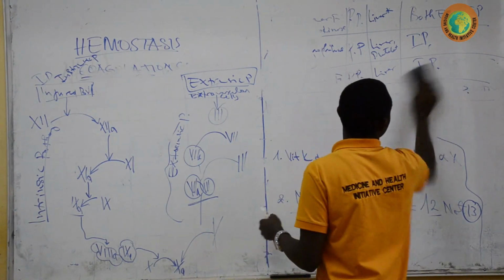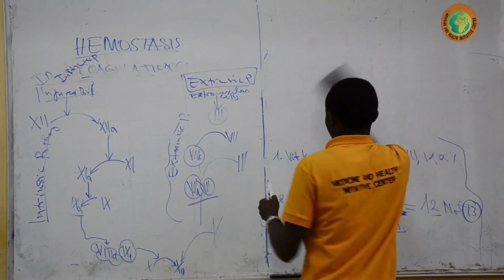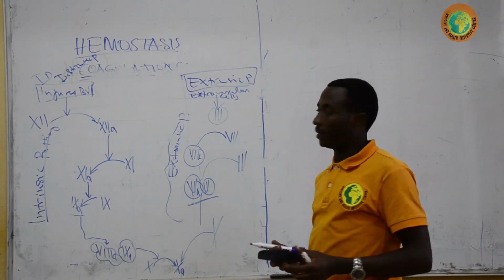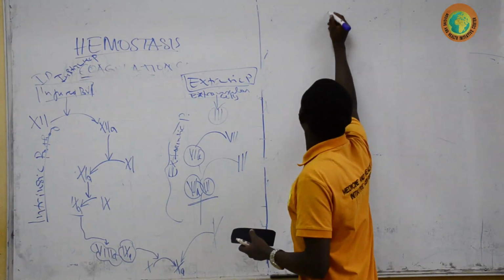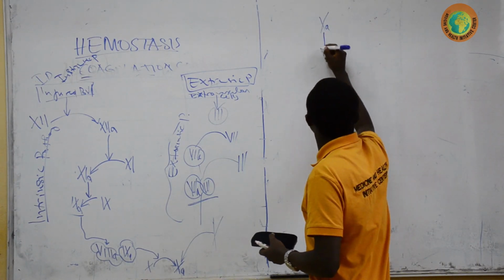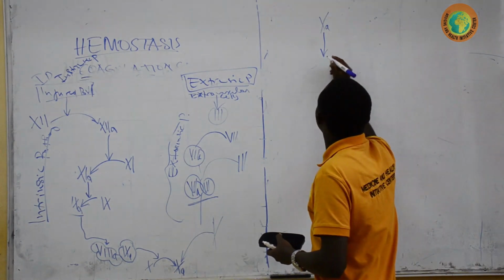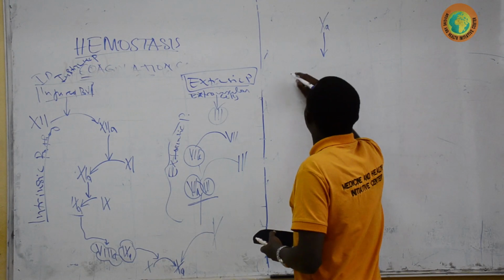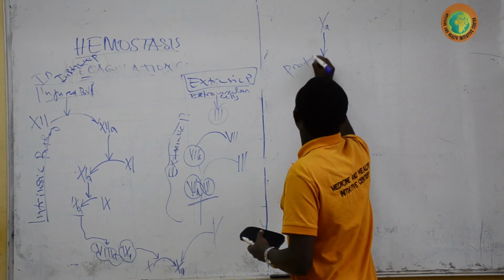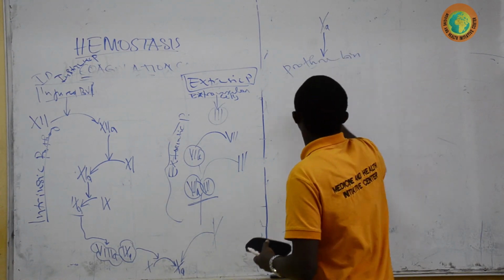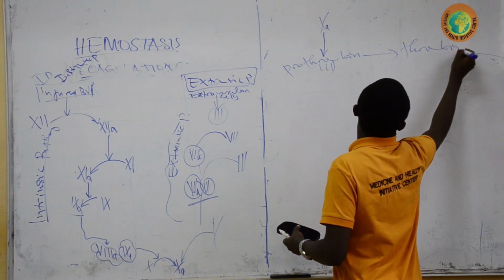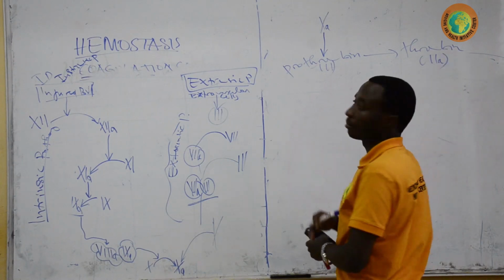Friends, once factor 10 is activated, it allows conversion of prothrombin, which is factor 2, into thrombin, which is activated factor 2.